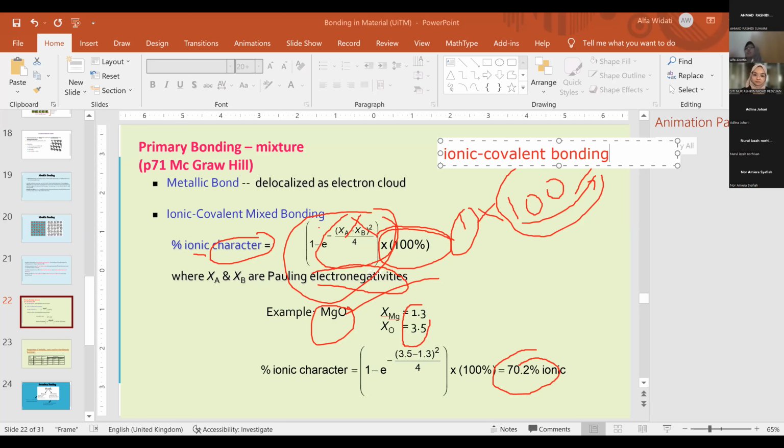We can discuss more about ionic covalent bonding. Siti has my phone number, so you can discuss anytime. Okay, Adlina, you understand? Yes, doctor. Thank you. All right. This is about the value of electronegativity.